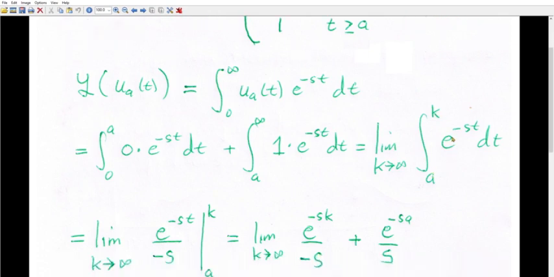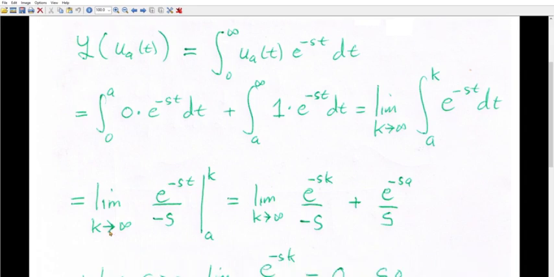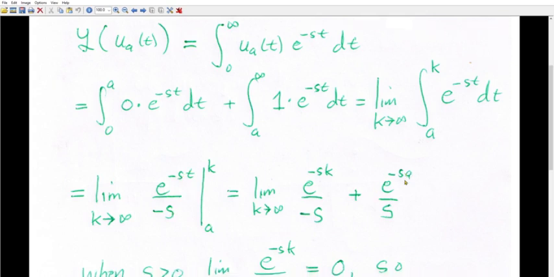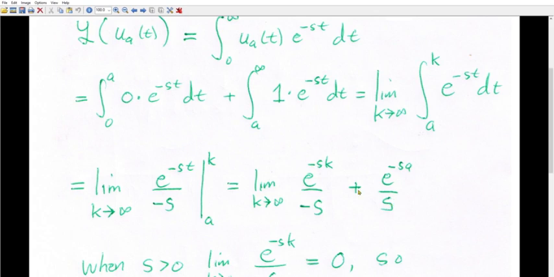We've taken the antiderivative of this before. Limit as k goes to infinity of e to the minus st over minus s. Put in the two limits, k and a. Limit as k goes to infinity, e to the minus sk over minus s, minus e to the minus sa over minus s, which is plus e to the minus sa over s.